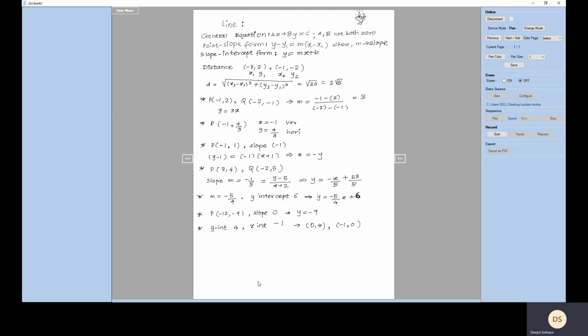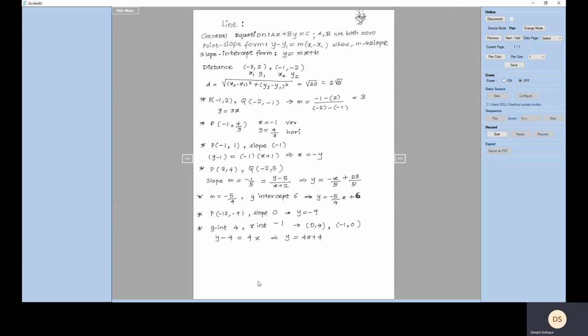So you will be able to find the slope from this and then write it in terms of the slope: y minus 4 is equal to 4 into x, or in other words, y is equal to 4x plus 4.